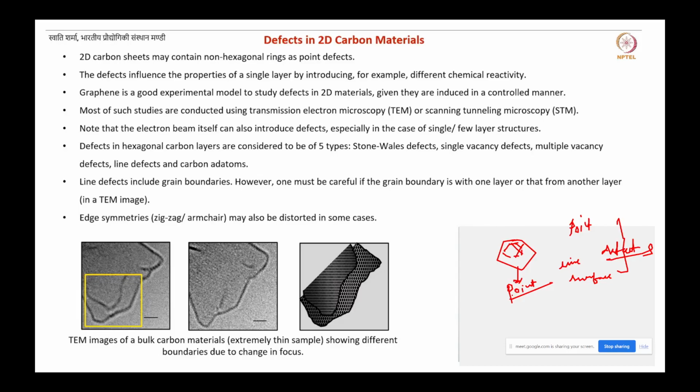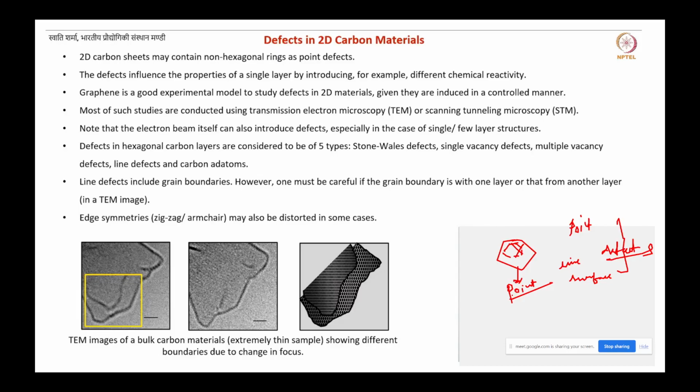If a defect is present in your material, it can influence many properties of the material. That is why the amount of defects present is also important, and why in our previous CVD process we were optimizing and controlling all the parameters such as catalyst, precursor, pressure, and temperature, in order to reduce defects. Here also it can influence the chemical reactivity and other properties.